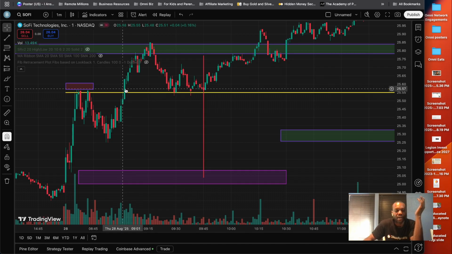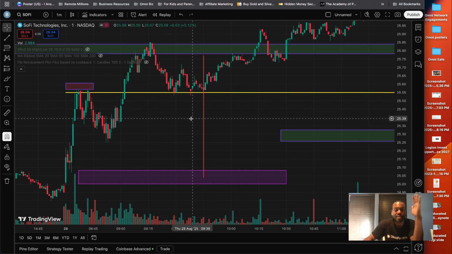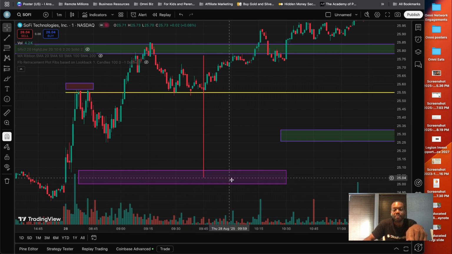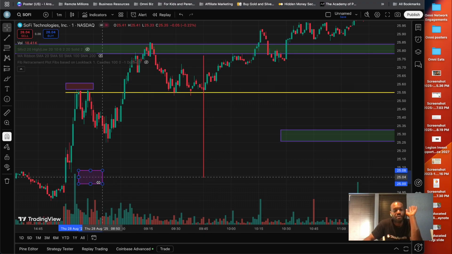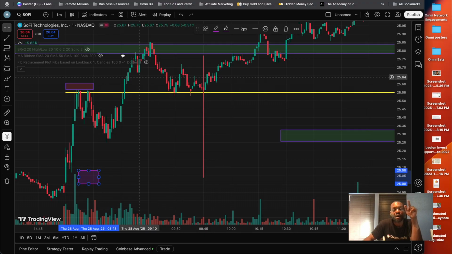In this case, it was a resistance before it broke it. But once it broke, it became a support line, a support zone. So it broke past it. So now I'm not even thinking about this bottom one anymore. Okay. So this bottom one, it goes bye bye. So now we're up here.